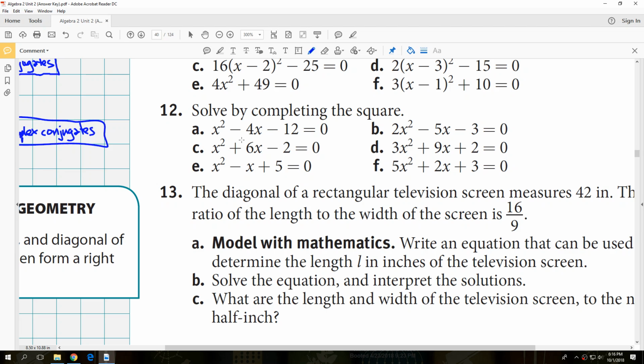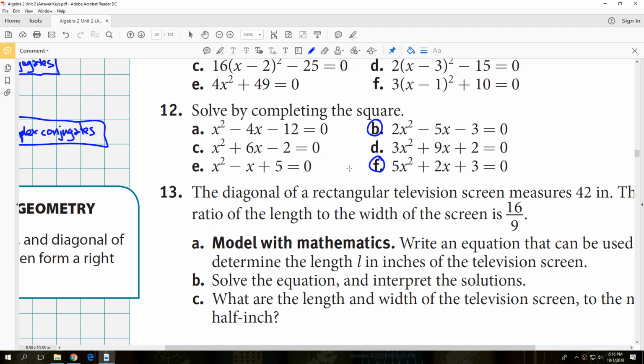B is a little bit harder because it has fractions, so I think I'm going to do B. C and D are just going to have your square roots, so kind of tough, but E and F have square roots and they're imaginary as well. E has the square root of 19 in there, so maybe we'll do, actually, you know what? No, we're going to do F because with E I don't have to divide by anything. So I'm going to do B and I'm going to do F.